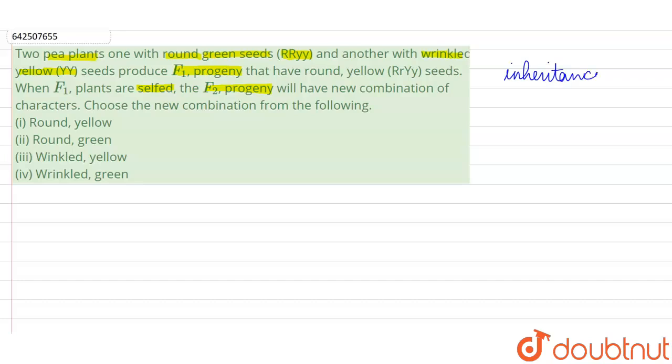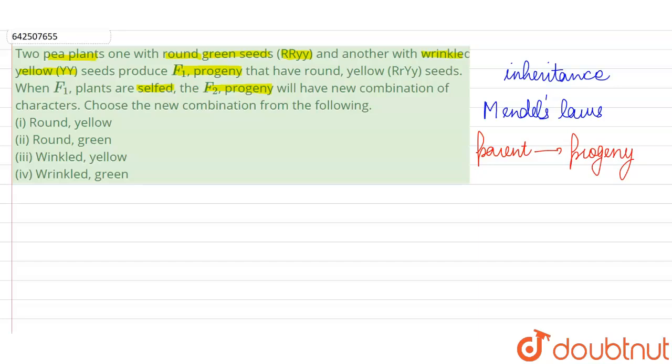So here we are talking about inheritance. And whenever the topic of inheritance comes up, the first name that comes to mind is that of Gregor Mendel, because Mendel is the first scientist that carried out systematic scientific experiments to find out how the characteristics are passed on from one generation to the next, that is, from a parent to its progeny.